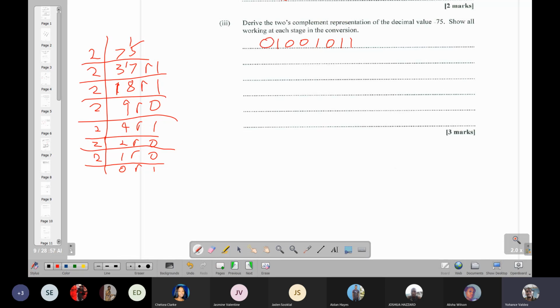You need to put that extra 0 bit there, because we need to represent these values as 8-bit values. Now we can flip the bits to get the 1's complement.